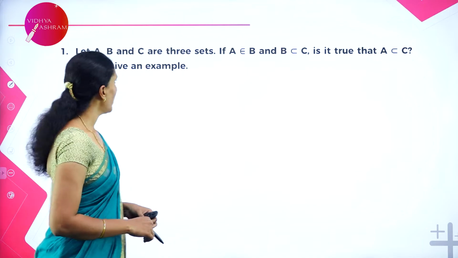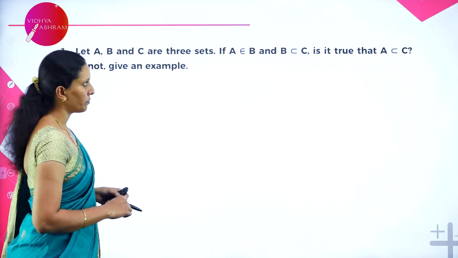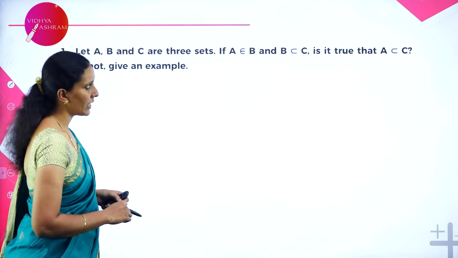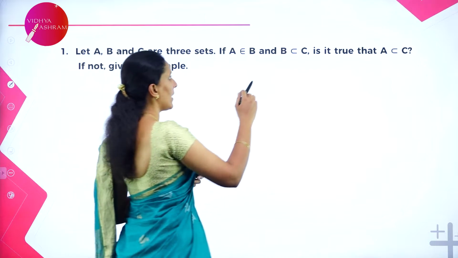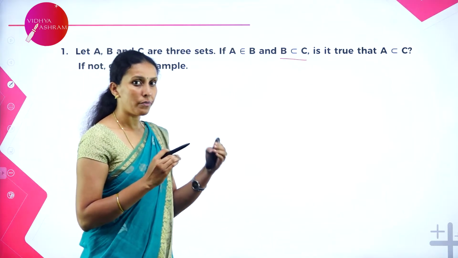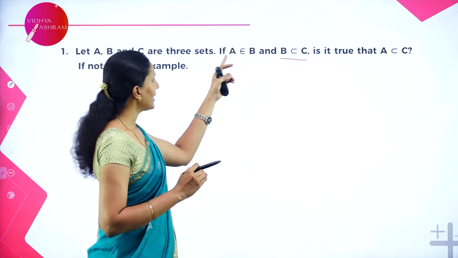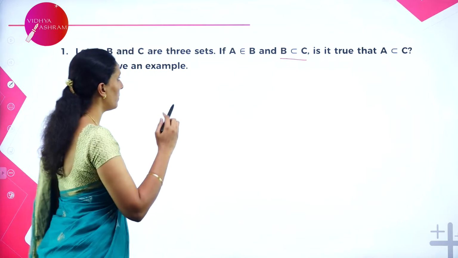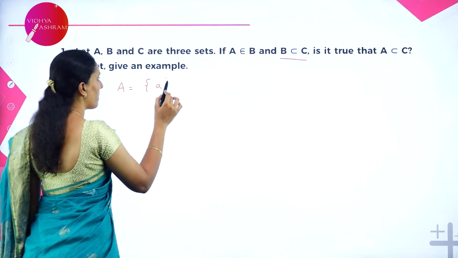Now, here we have a question. If A, B, C are 3 sets, if A belongs to B and B is a subset of C, is it true that A is a subset of C? When I say B is a subset of C, that means every element of B should be present in C also. So, let me take these conditions. A belongs to B. Let me take set A as element a.